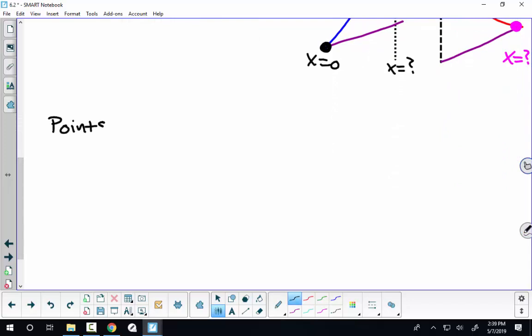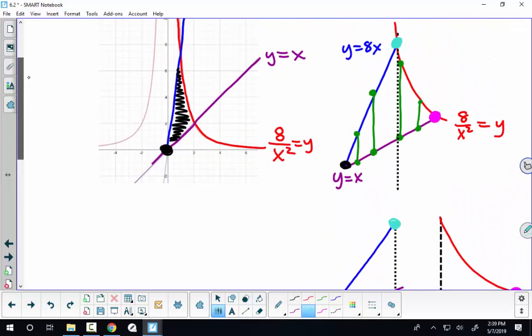So let's find the points of intersection. That point in blue was where the blue line equals the red line. That's where those two things intersect.